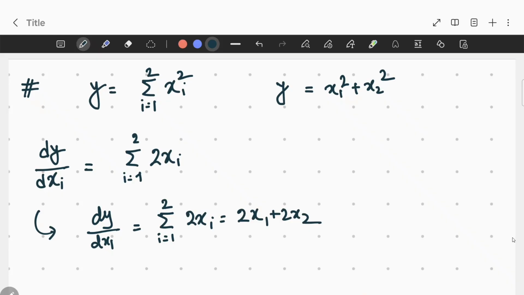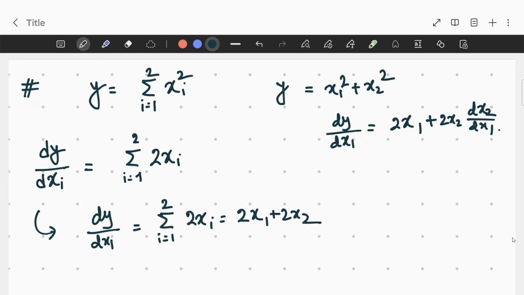But this will give a different result. Let me check: dy/dx1 is 2x1 plus 2x2? No, these are orthogonal. The value is not matching, right?